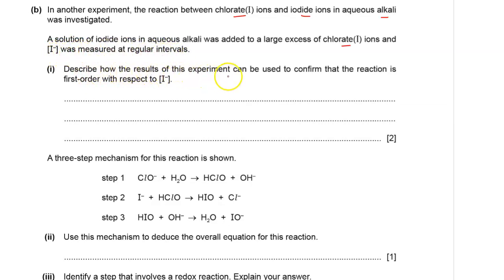Describe how the result of this experiment can be used to confirm that the reaction is first order with respect to chloride ion. Of course, you need to plot a graph of the concentration of chloride ions against time.